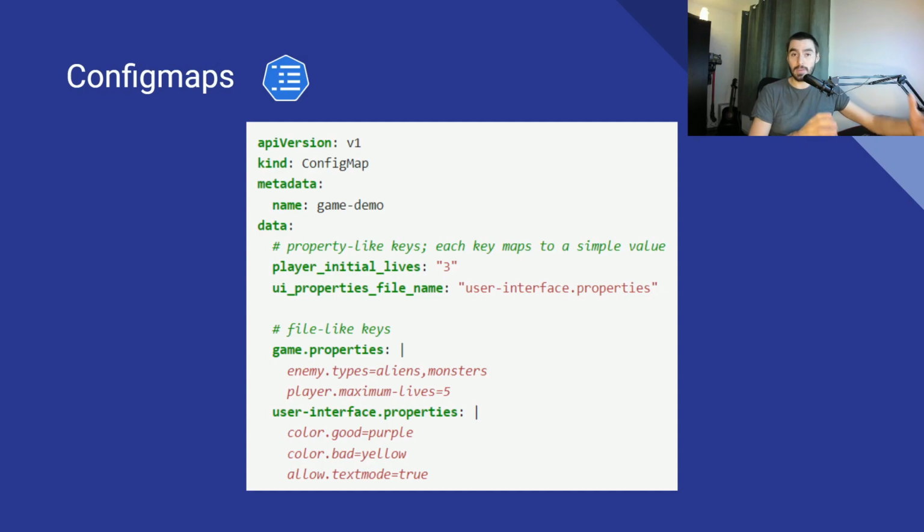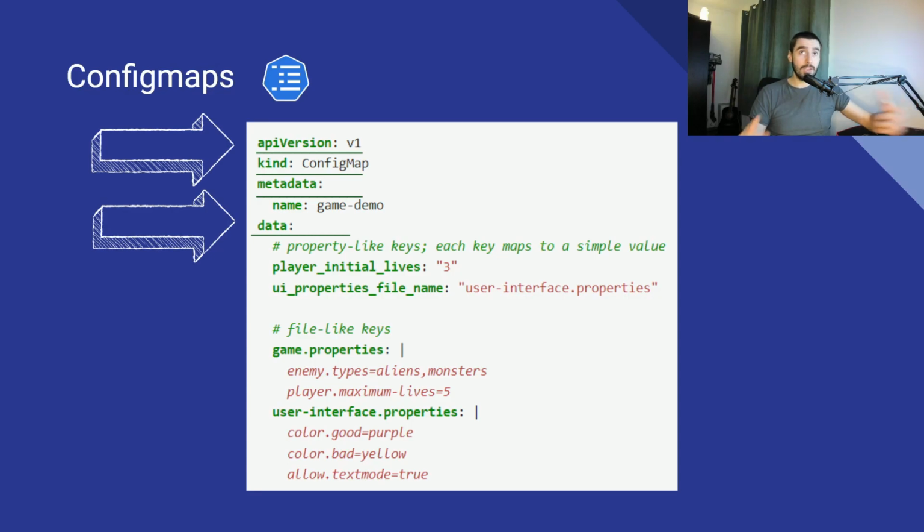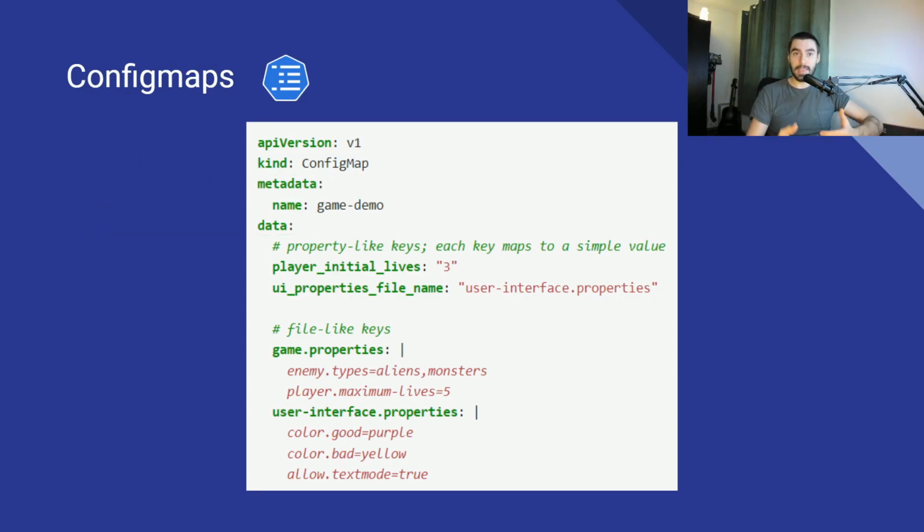So pods, services, deployments, stateful sets, whatnot, they all have API version, kind, metadata, and spec. And config maps and secrets have API version, kind, metadata, and data or binary data. Data is either stored as UTF-8 strings, while binary data is obviously binary data.